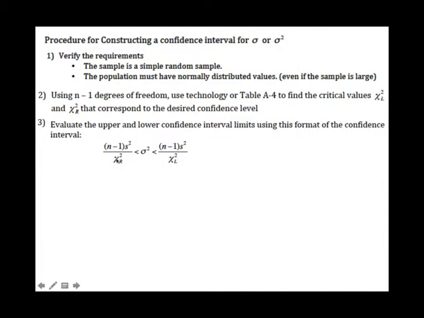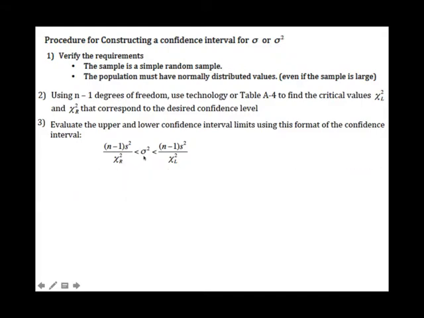Make sure chi-square to the right is going to be on your left-hand side. This is n-1 times the sample variance divided by chi-square to the right, and this is divided by chi-square to the left. What you found from step 1, you need to plug into this formula.